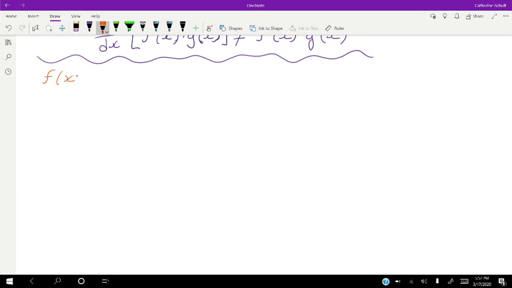So let's define f of x as 5x squared plus 3x to the negative 2 plus 7. Okay, so again, we want to find the derivative.